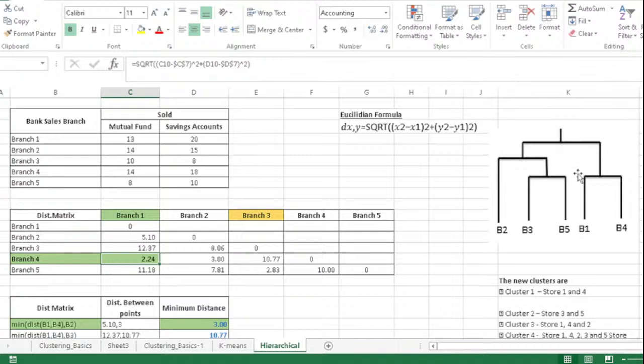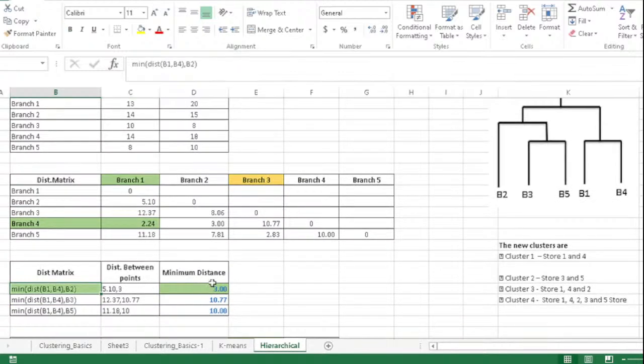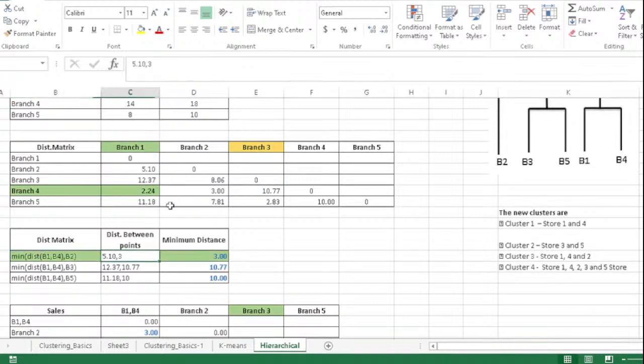Now with branch 1 and 4 clubbed together, I try to find the distance between branches 2, 3 and 5. I try to find the distance between branch 1 and 4 together with all the three.